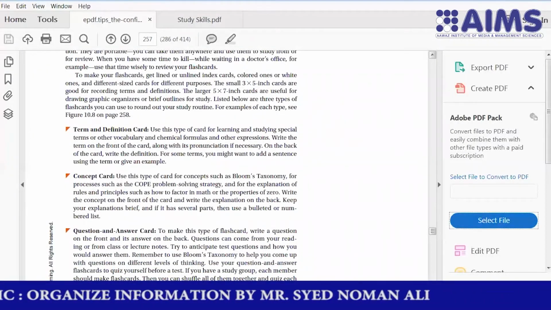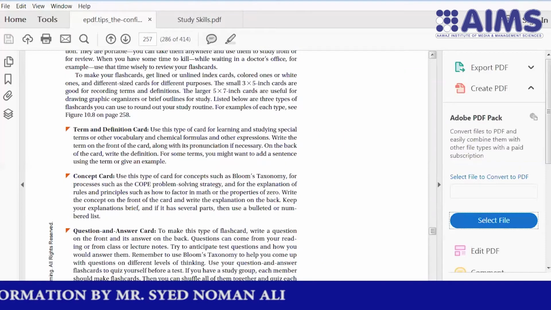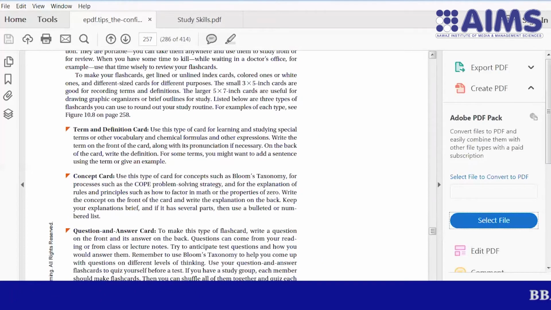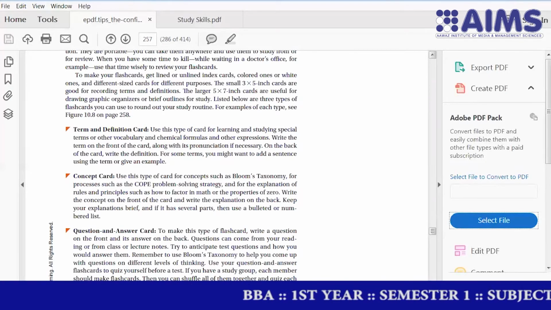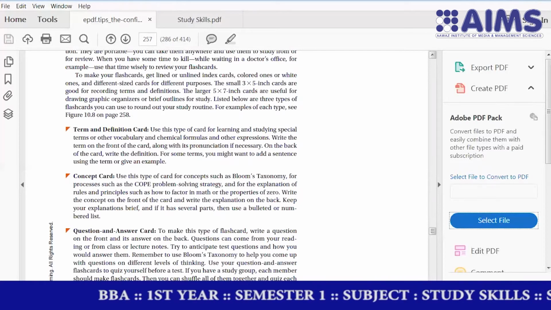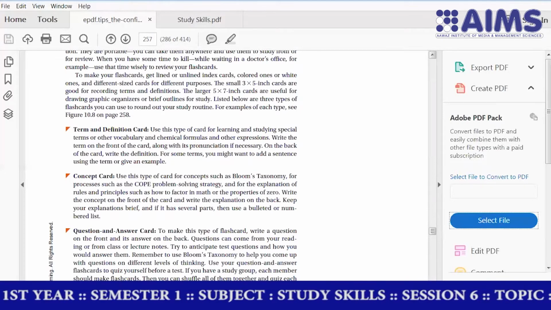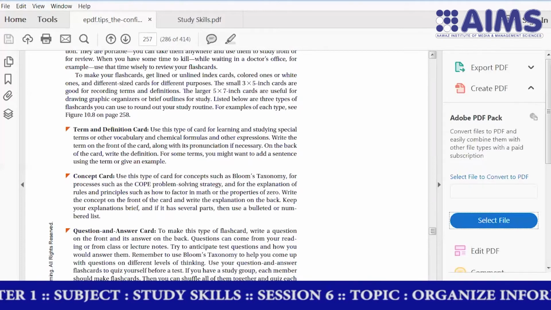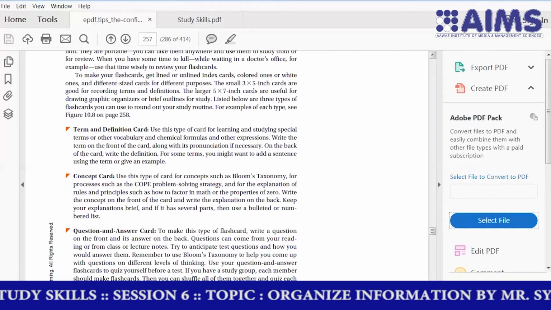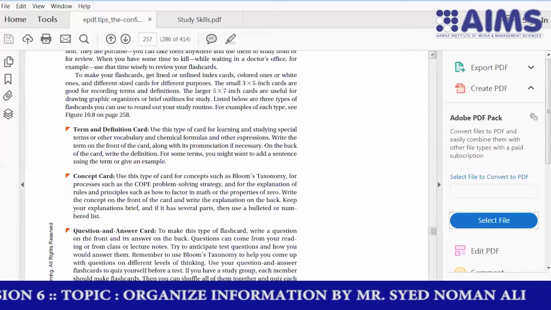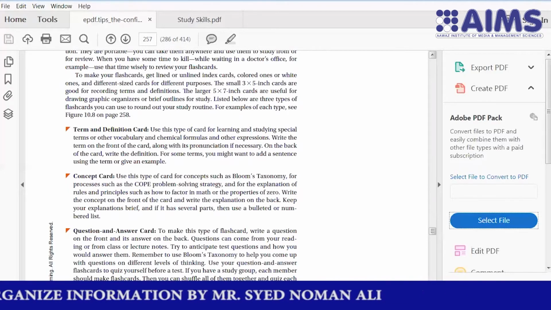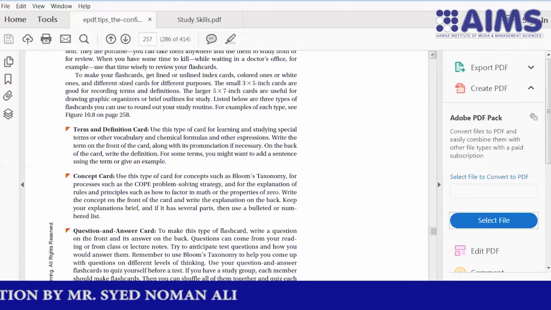Terms and definition cards are drawn. You will write the term physics and mention the definition of physics, mention quantum physics, and then mention the theory of quantum physics. Concept cards: you draw key acronyms like COOP, SQRR, ADA, SMARTY, GOAL, draw the concept there and give their points.